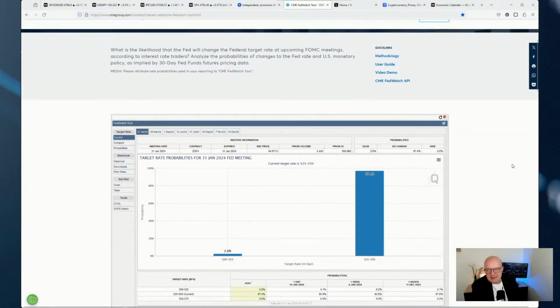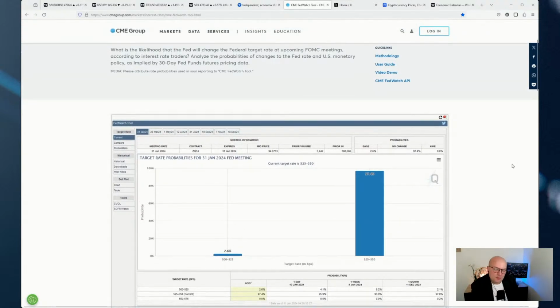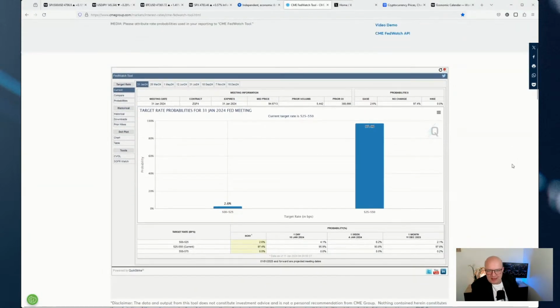So this is the so-called CME Group FedWatch tool. And they are determining here the possibility of whether or not the Fed is going to raise interest rates during the next meeting, lower interest rates, or keep them stable. And at the moment, for the 31st of January, we have 97.5% of market participants expecting that interest rates stay stable.